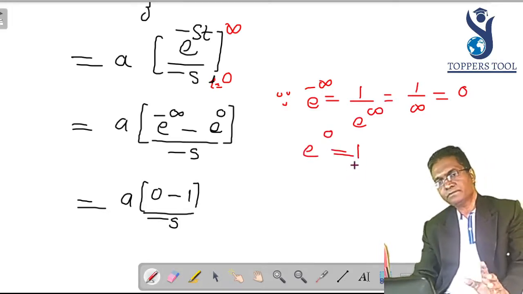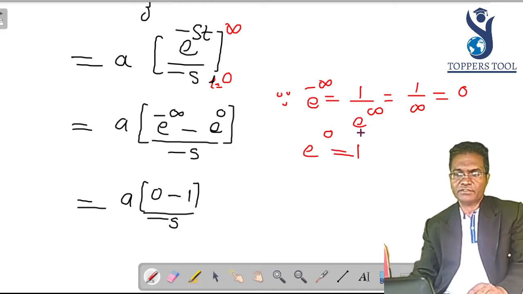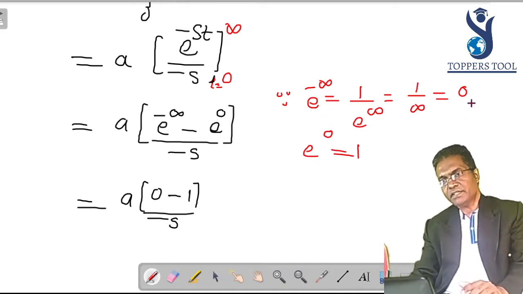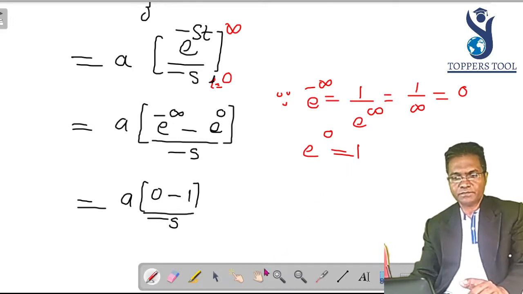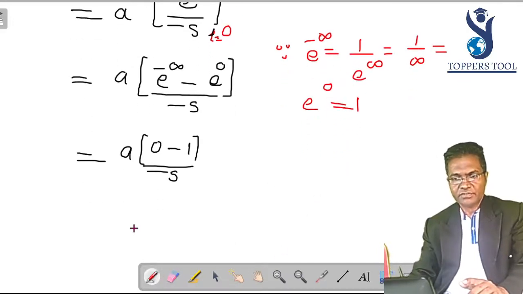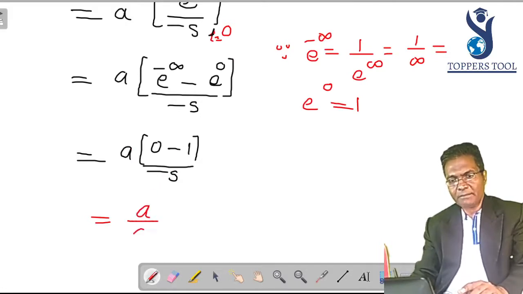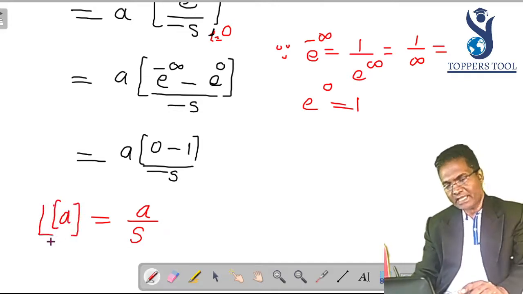Please note these values. We often come across this e power minus infinity, so you have to replace it as 0. Okay, so minus minus cancels, you are left with a by s. So this is your Laplace transform of a.